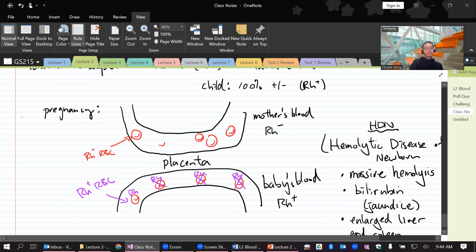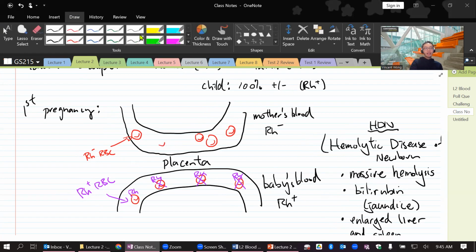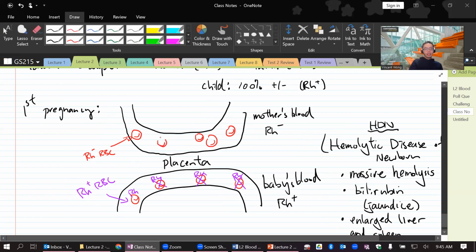So let's say this is the first pregnancy again. I know I'm changing the note a lot. You probably have to organize it afterwards. So let's go back to the first pregnancy. Now, a lot of times, especially in Canada, for example, it's very common for mothers to go in and do some blood tests.